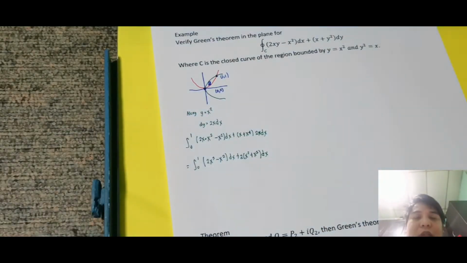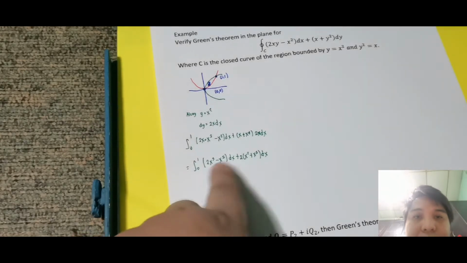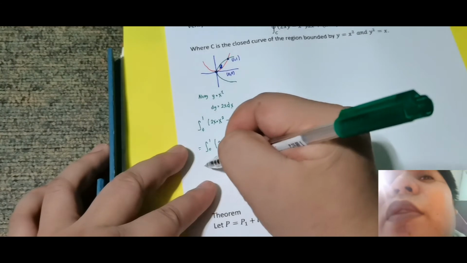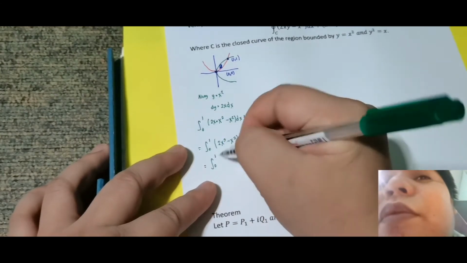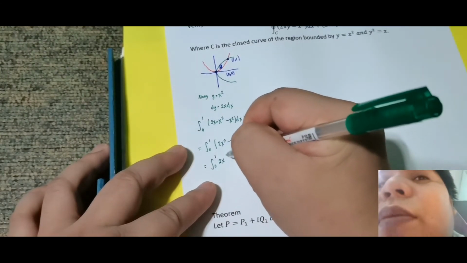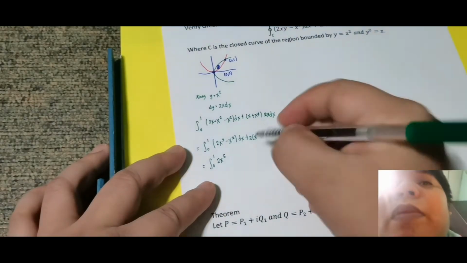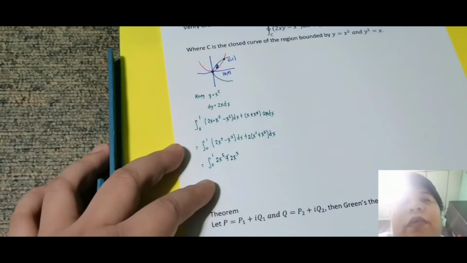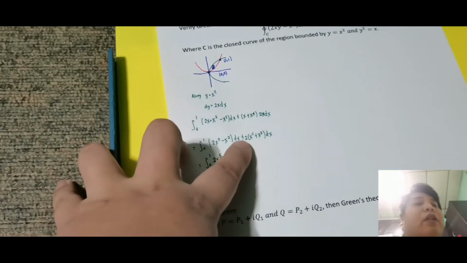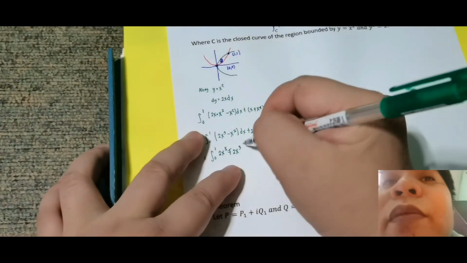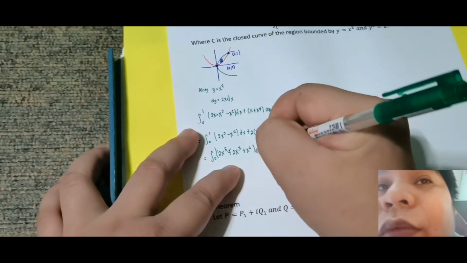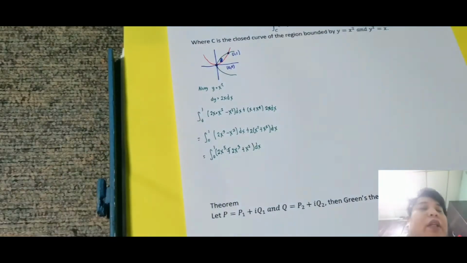Then of course I'll simplify it further. The like terms there are 2x cubed and 2x raised to 5. So this is the integral from 0 to 1 of 2x raised to 5 plus 2x cubed, then negative x squared plus 2x squared, that is plus x squared, then dx.